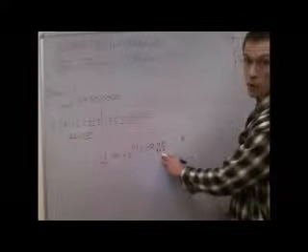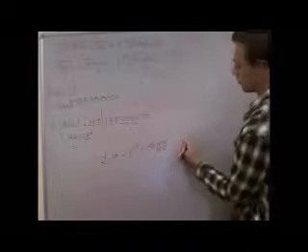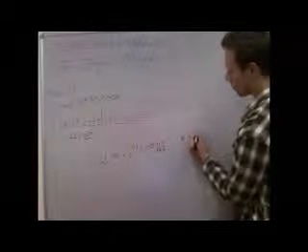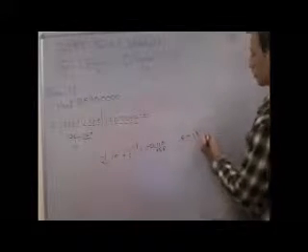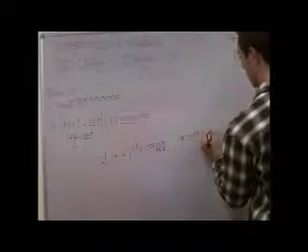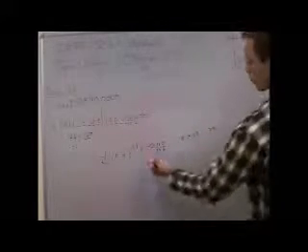Our next one is 1/4, which means 0.25. So we're going to add 0.5 to 0.25, and we're going to get 0.75. So now we're almost done.